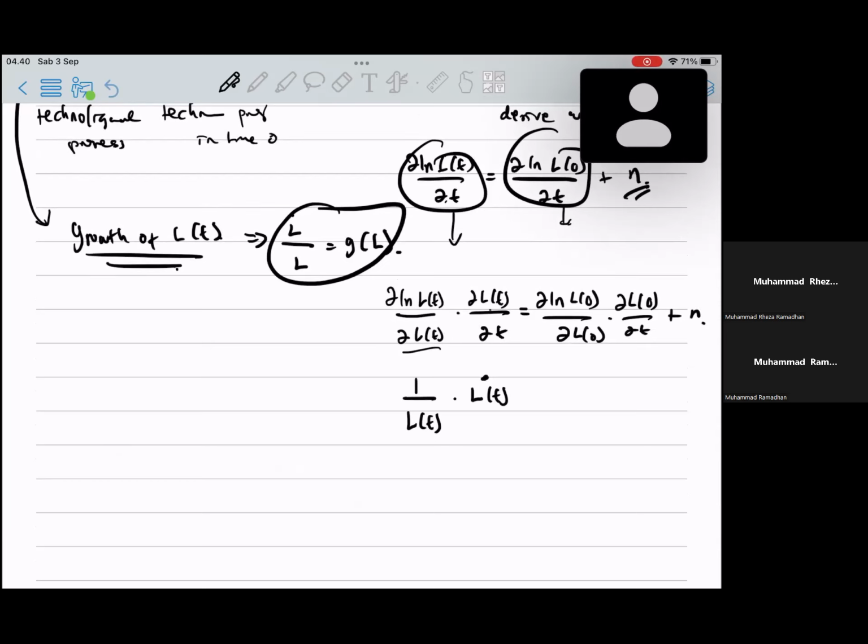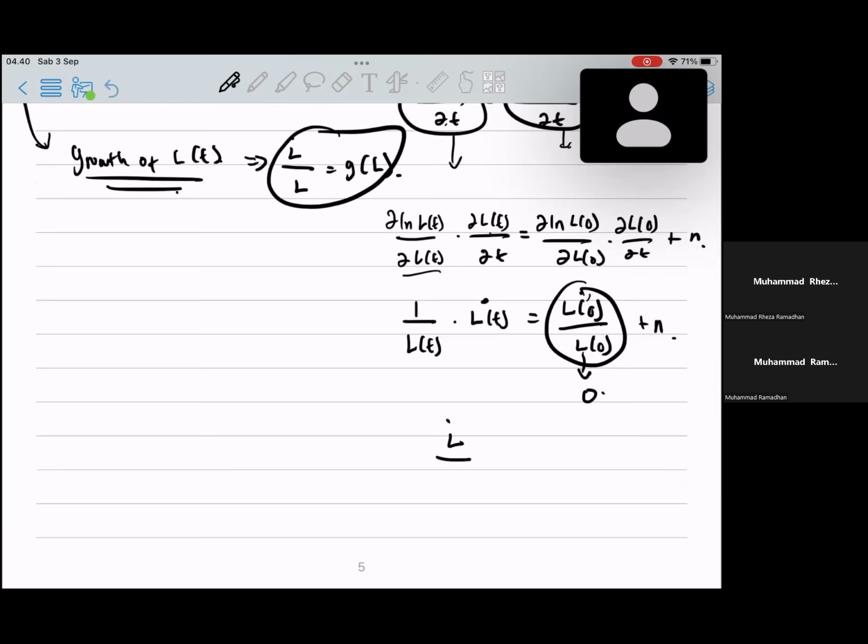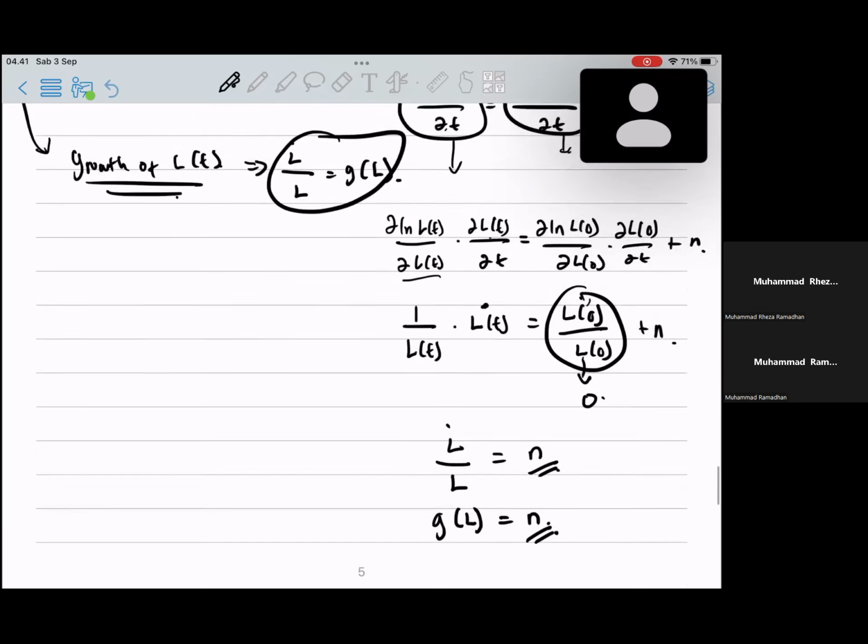You can write like this, and then for this it is L. But this term is 0, because the L at time 0 we can assume is constant, so plus n. So you get that L dot over L is equal to n. So the growth rate of labor is equal to n in the economy.